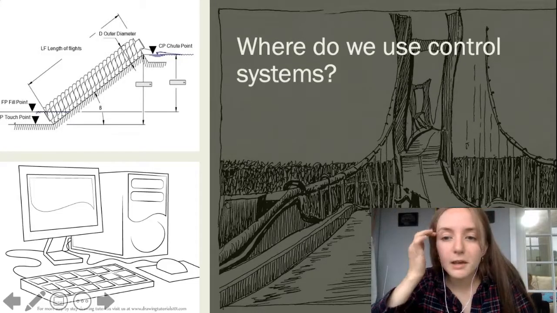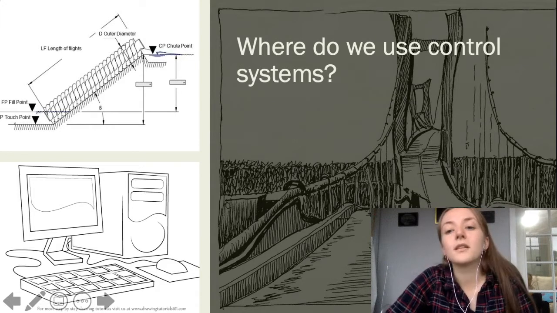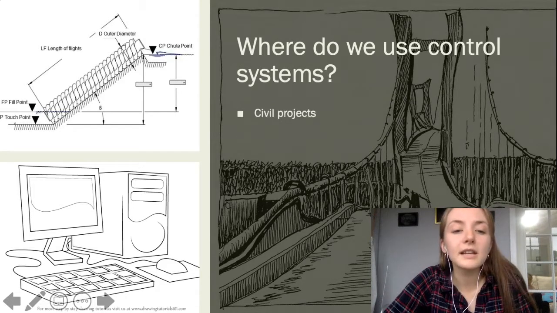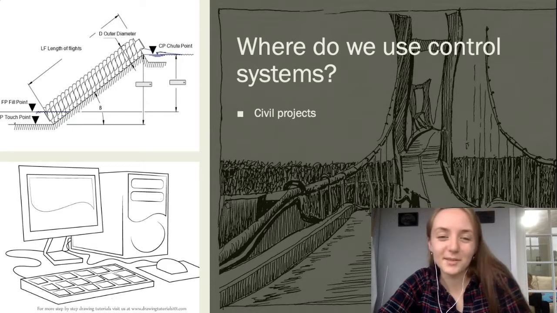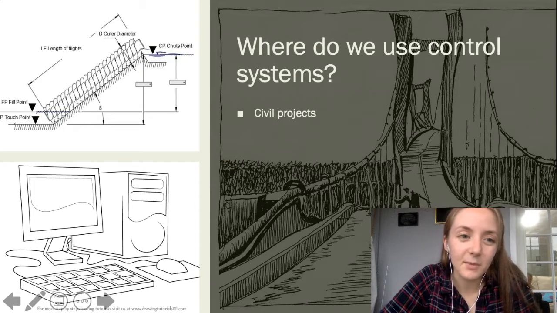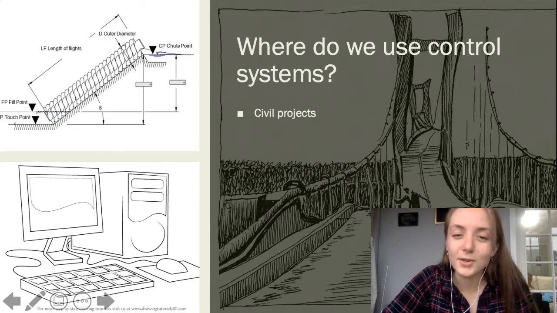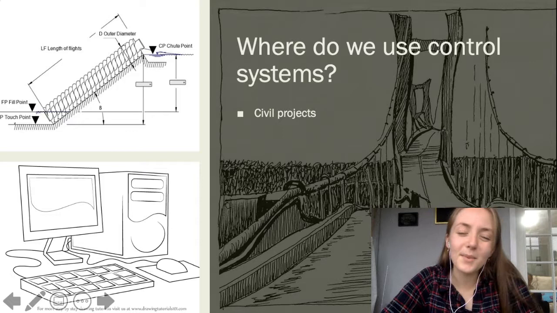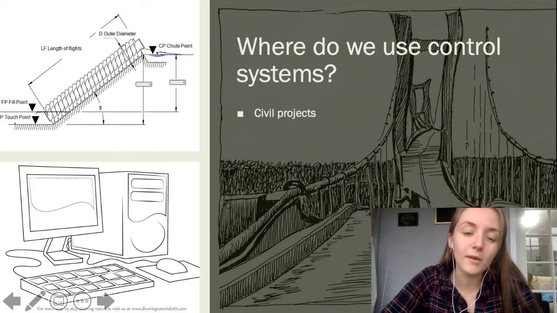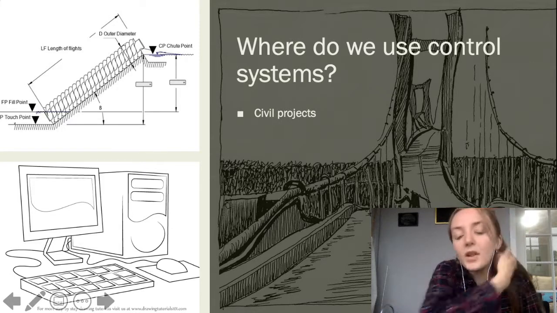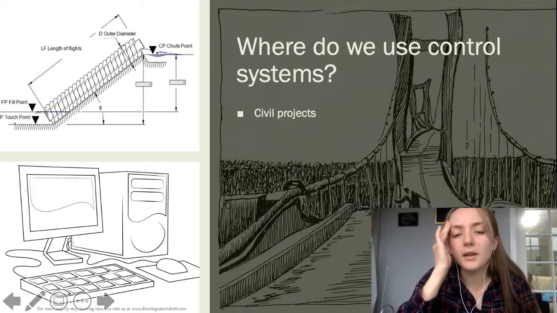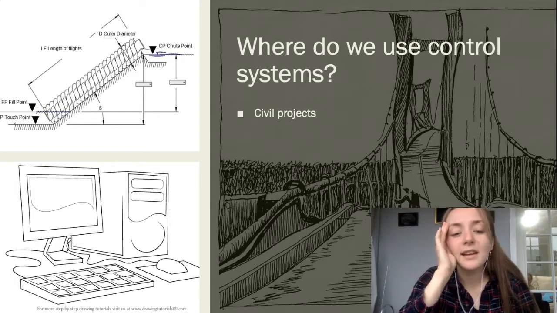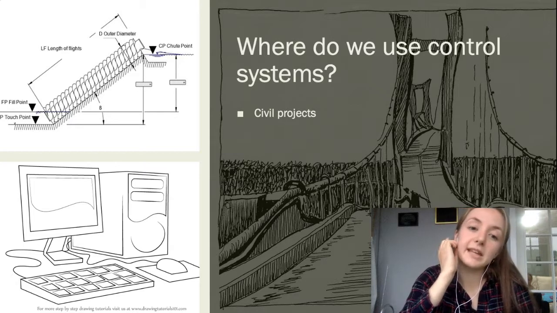So some examples of where we use control systems are obviously civil projects, most notably bridges, I think. I've already mentioned bridges, but in the background here we have a sketch of, I'm sure you recognise it, the Tacoma Narrows Bridge. Most GCSE physics teachers love to show that video. But if I remember rightly, what happened here was that the wind was blowing through the bridge at its natural frequency, and the bridge didn't have defences against this.